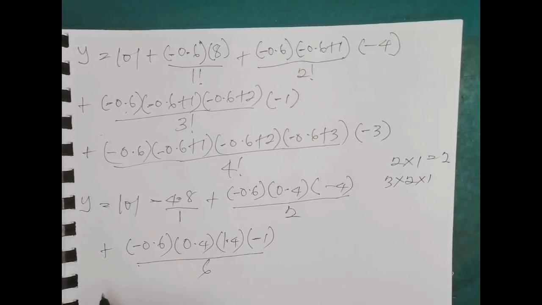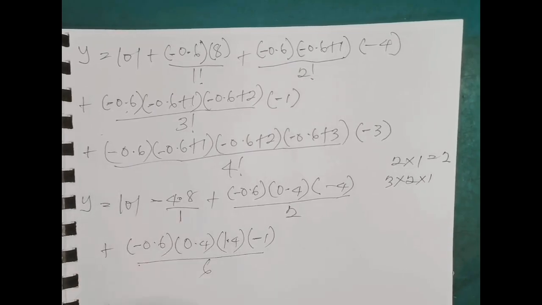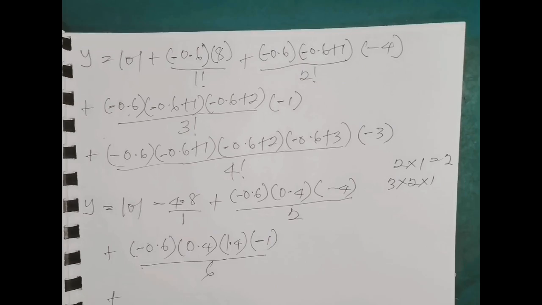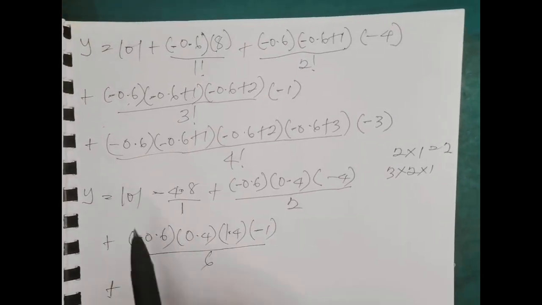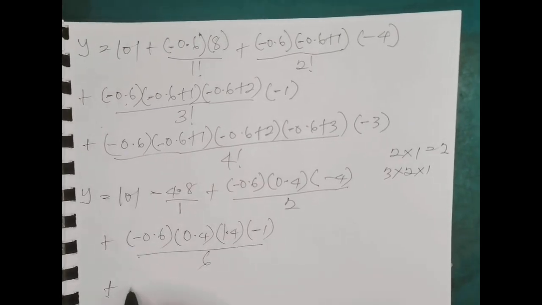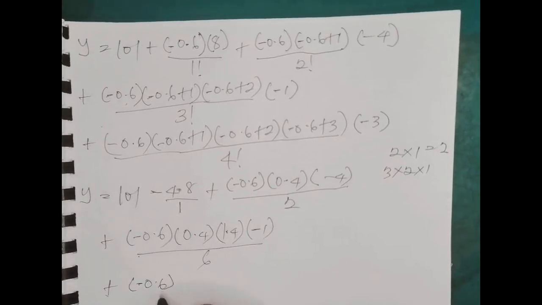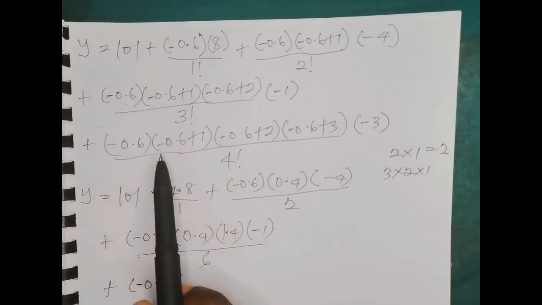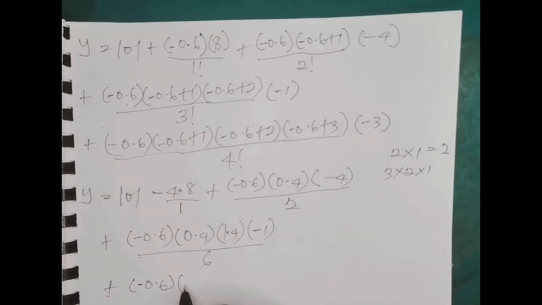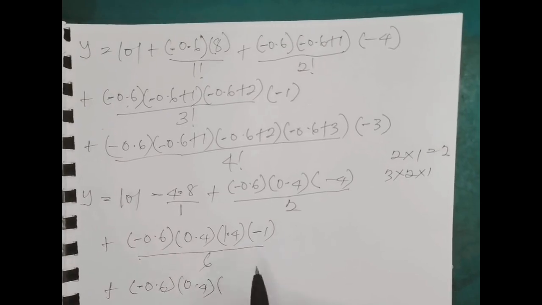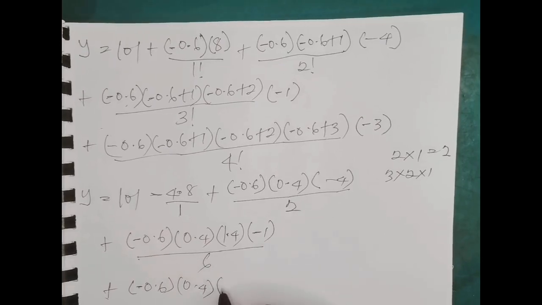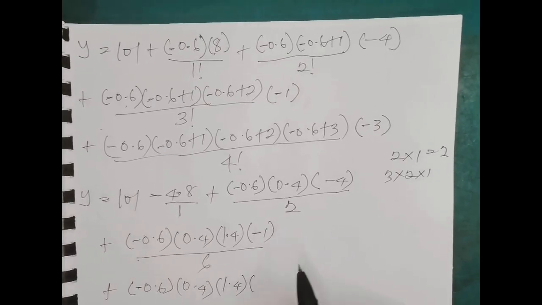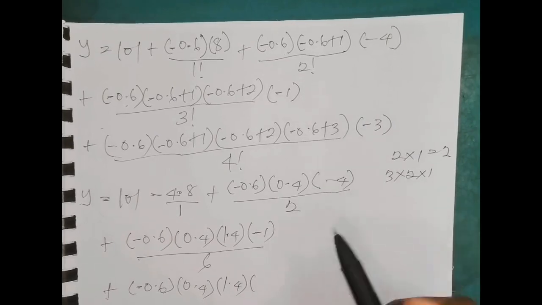Okay, so let's see, coming down, plus now we have negative 0.6 multiplies negative 0.6 plus 1, which gives us 0.4, multiplies negative 0.6 plus 2, which gives us 1.4, multiplies negative 0.6 plus 3.